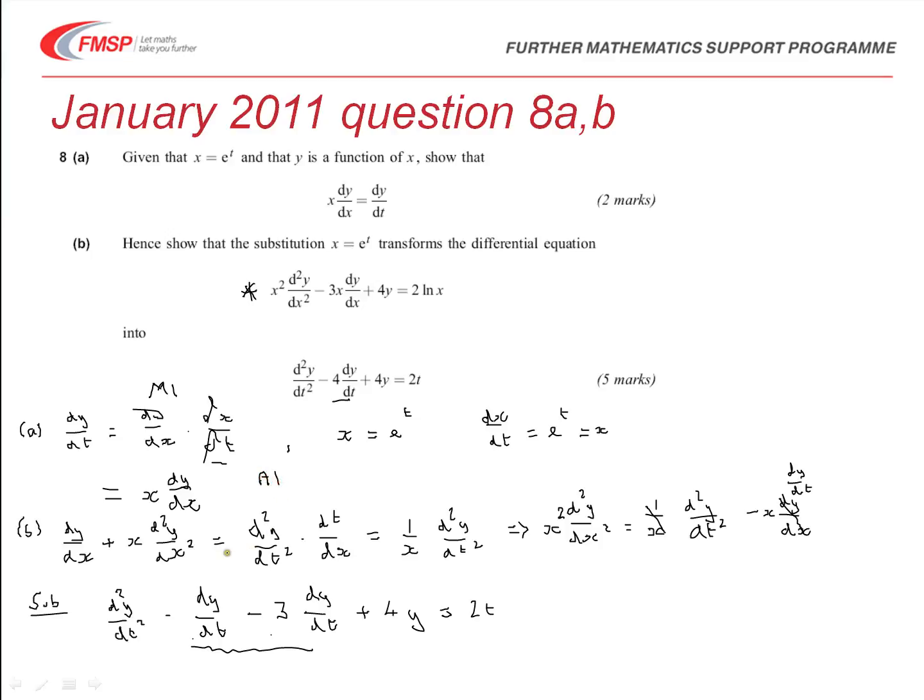In part B we've got 5 marks allocated. So firstly you're going to get 1 mark certainly for working from what we were given in part A, and differentiating it again will give you a mark. And then simplifying this expression will give you 1 mark.